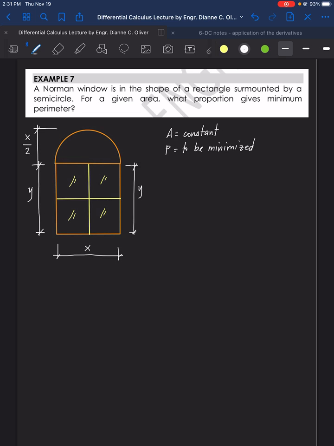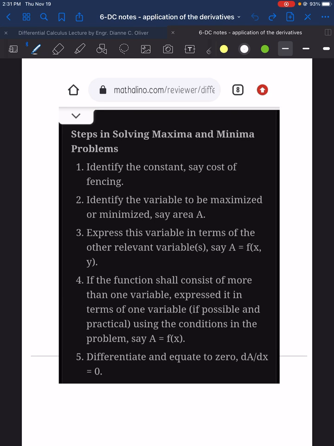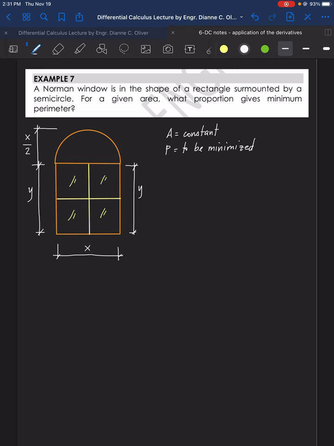Number 3, express this variable in terms of the other relevant variables. If this is P, and we have two variables x and y, the perimeter means the measurement of the outside boundary, the white line there. So let's start with y plus x plus y plus half of the circumference of the circle.